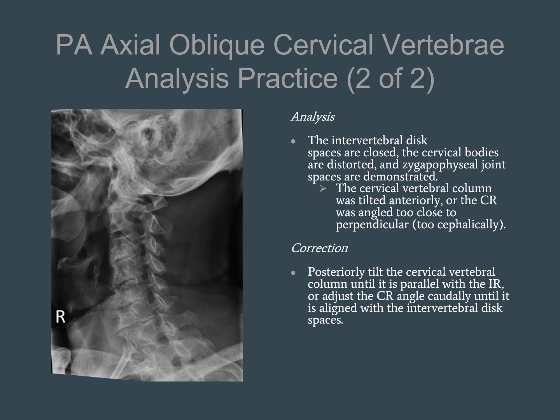Because this is a PA axial projection, we need to adjust that central ray caudally until it is aligned with the intervertebral disc spaces to correct this imaging. Also, we could ensure that the cervical vertebral column is parallel with the IR for this projection to correct the imaging misalignments.